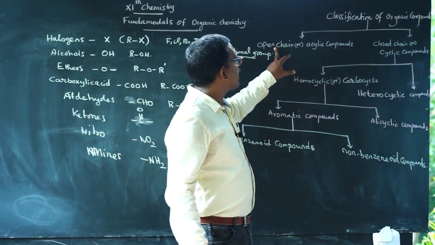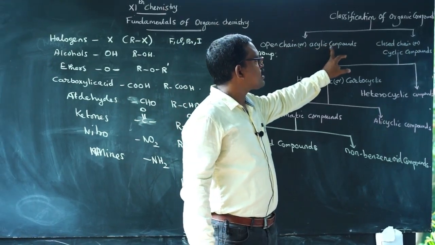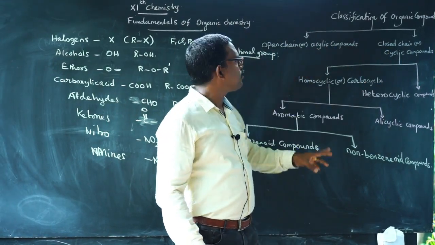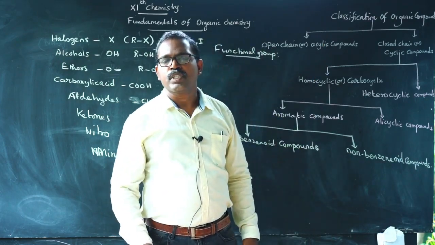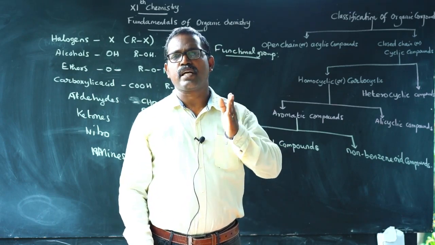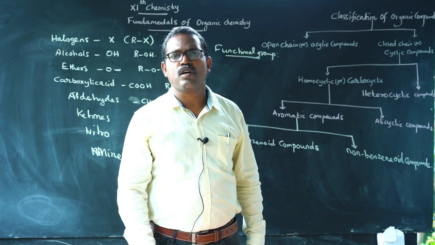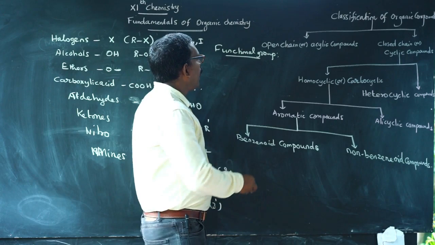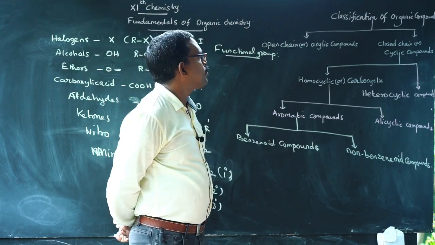Open chain or acyclic compounds mostly consist of carbon, hydrogen and some other elements like nitrogen and oxygen, but the chain is not closed. Therefore, they are referred to as open chain organic compounds.